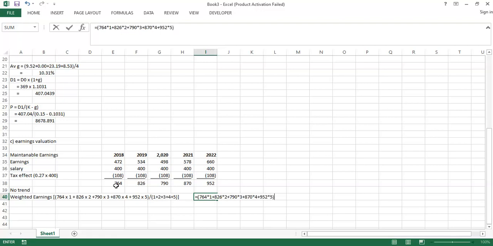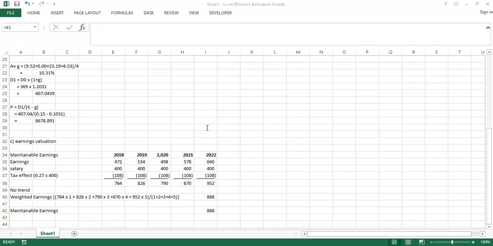And then we said we are dividing that. So that gives us 15, this one here at the bottom, so we are dividing that by 15. So maintainable earnings is equal to this. These are our maintainable earnings.